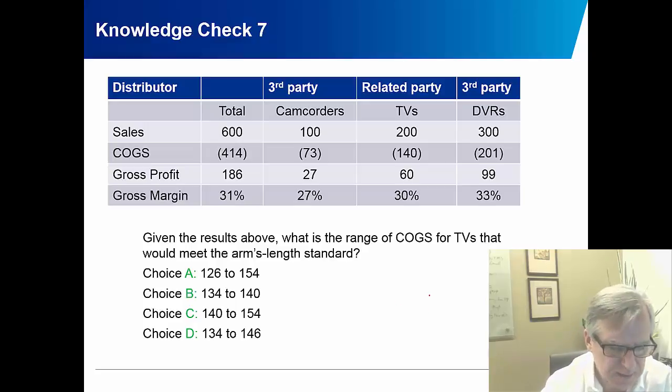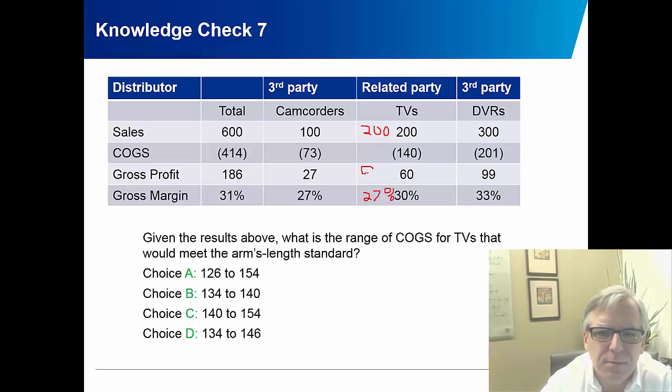But if we think about this problem, we can start off saying, well, what if their margin had actually been a gross margin of 27%? Well, if that's the case, then 27% of the 200, which are their sales. Remember, the sales aren't going to change in any of these cases because the sales are to unrelated parties. 27% of 200 would be essentially 54, right?